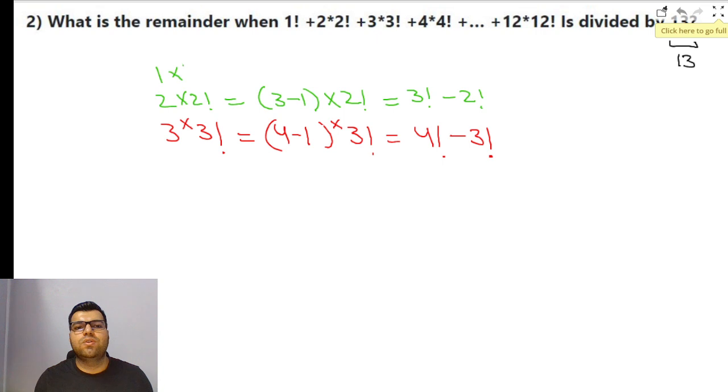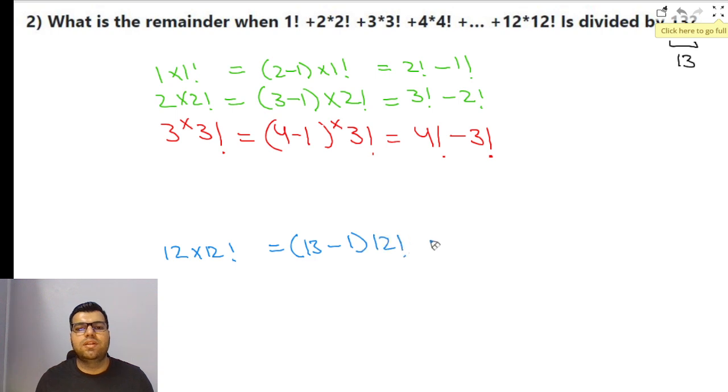Similarly, 1 into 1 factorial is 2 minus 1 into 1 factorial, so this becomes 2 factorial minus 1 factorial. Great. Now the last term is 12 into 12 factorial. This is 13 minus 1 into 12 factorial, so this is 13 factorial minus 12 factorial.